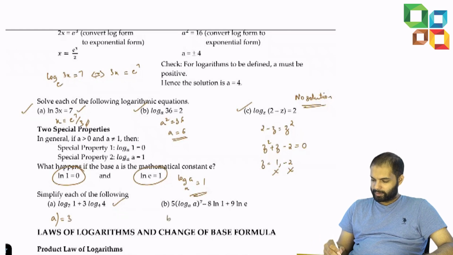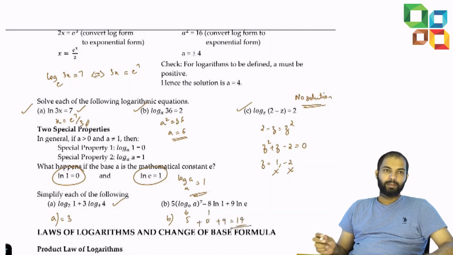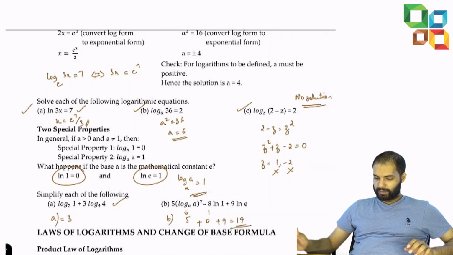Okay, what about b? This is equivalent to 5, this to 0, this to 9. So it's 14. Correct.